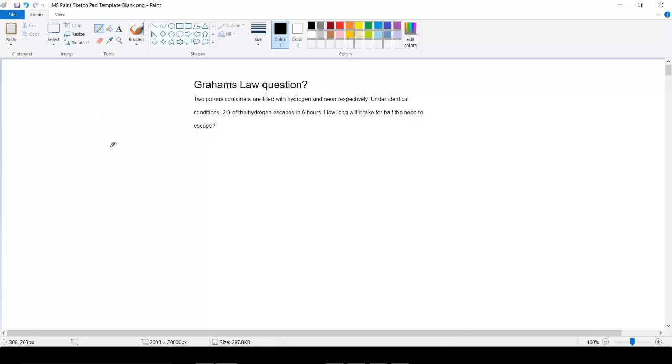First of all, for our example, let's go with the rate of hydrogen, and it's going to be the rate of H2. The reason it's H2 for hydrogen is because hydrogen in its natural state, at least on Earth, tends to group with itself.